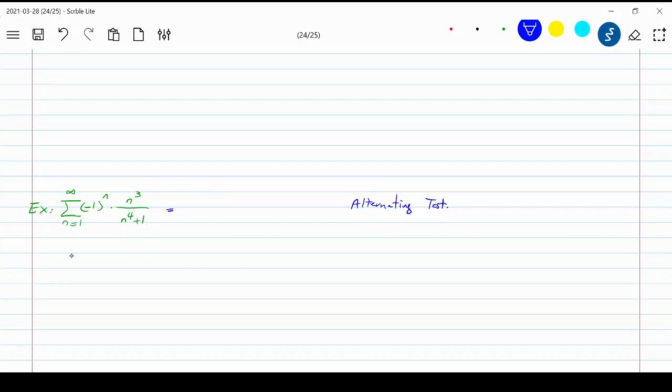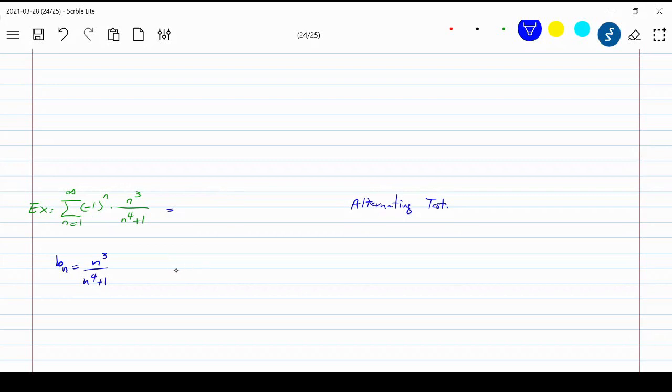Okay, so what you need to check is, for the alternating test, we needed to figure out the behavior of this Bn, which is n cubed divided by n to the power 4 plus 1, basically without the negative 1 to the power n.